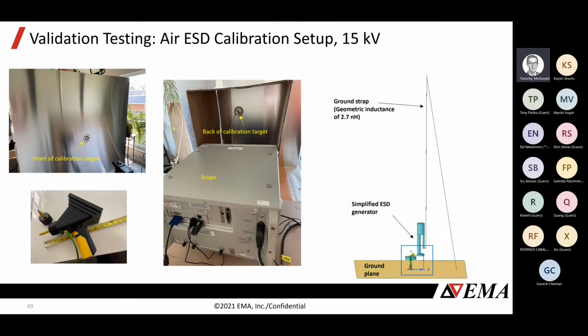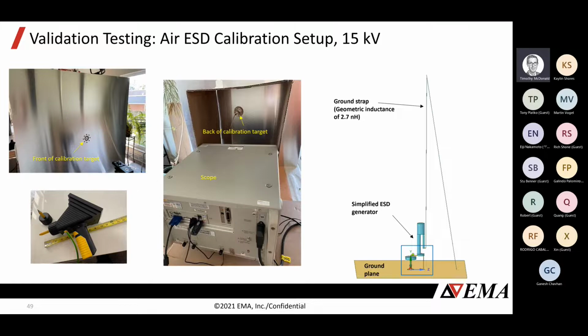Just to prove how close we can get to this prediction, we're going to start with an ESD gun. So we acquired an ESD gun, created a target for testing, and attached it to an oscilloscope. For comparison, we made an EMA3D Charge model of that ESD gun, including the ground strap, which is an important part of an ESD gun.